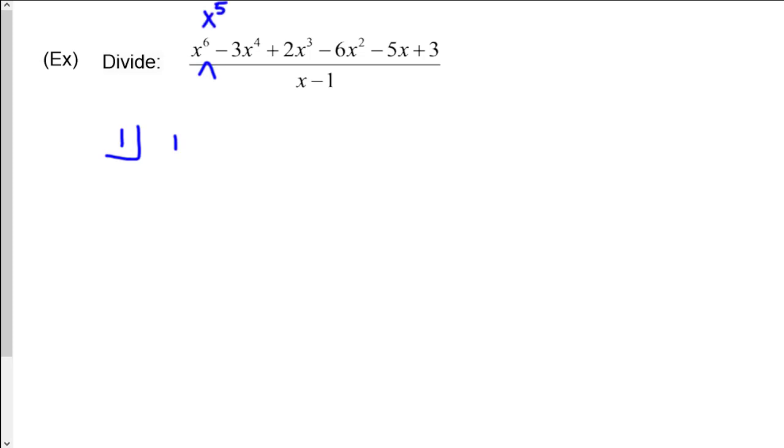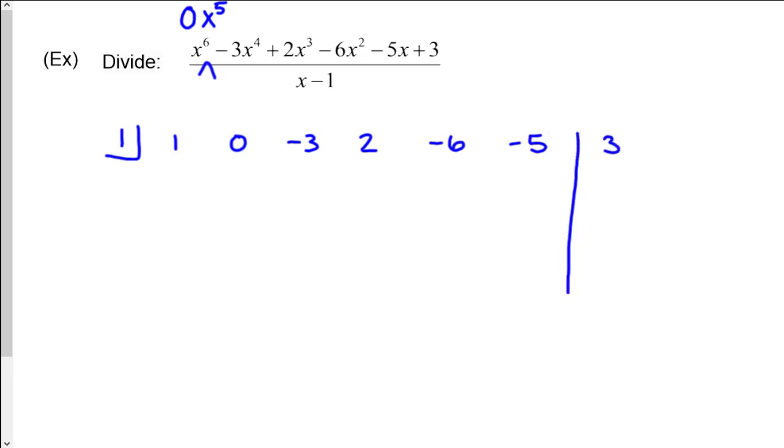It's missing. So I need to put in a coefficient of 0 just to represent x to the 5th power, or else my final answer will be off by 1 degree. So then 3x to the 4th, that's going to be a minus 3. 2x to the 3rd is a positive 2. Negative 6x squared is minus 6, minus 5, and 3.